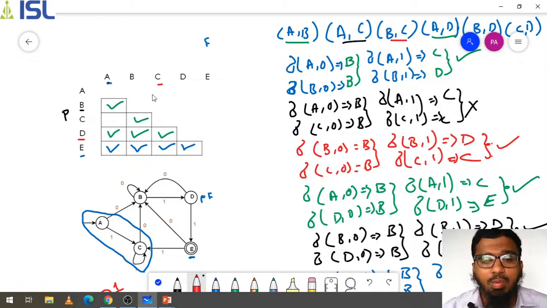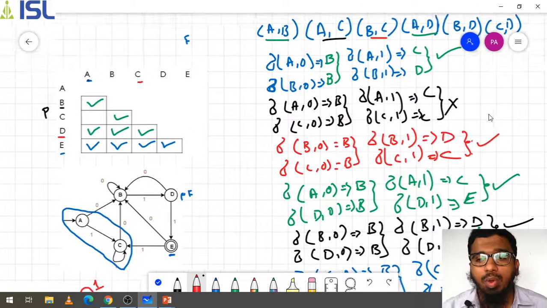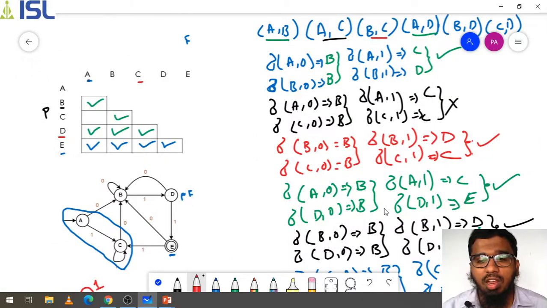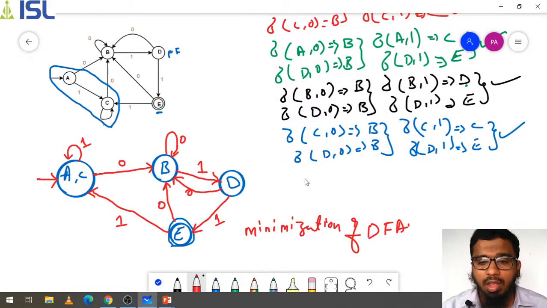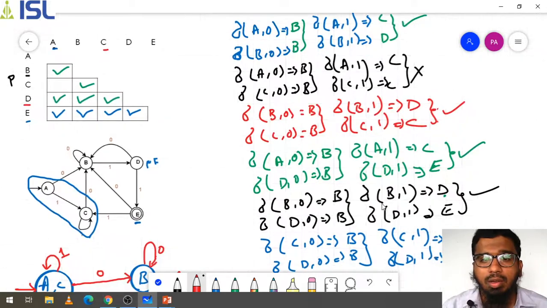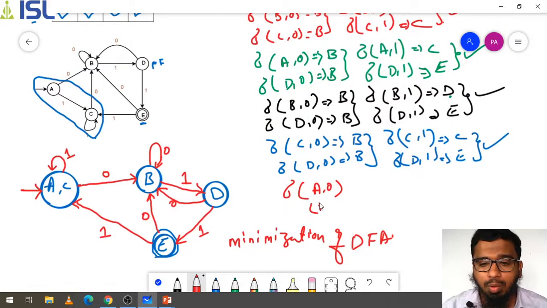Because of that we mark it here. So this will be in the next step. We need to do DC here. Again we need to do A comma 0 and B comma 0. Here you will get B and here also you will get B.